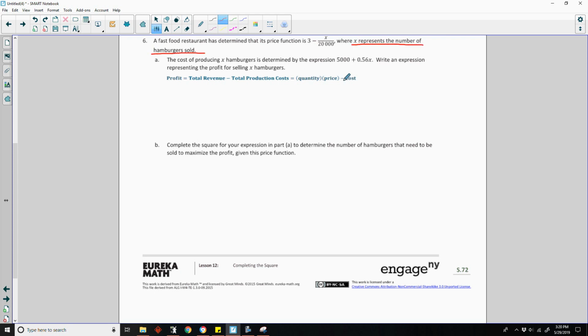So our profit is going to equal quantity, x, times our price, and the price is this right here, 3 minus x over 20,000. So that's quantity times price minus the cost.